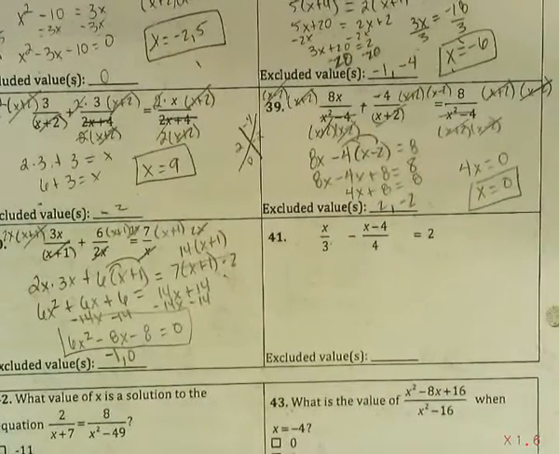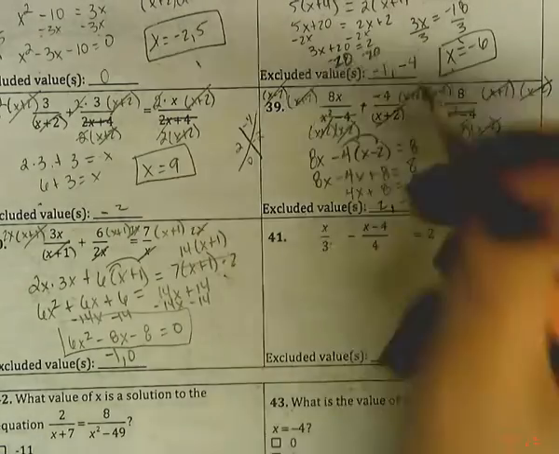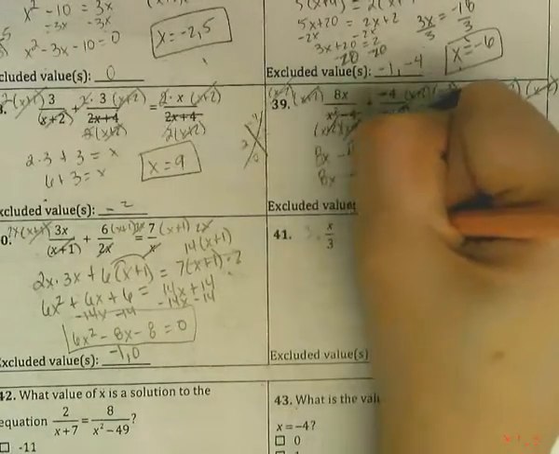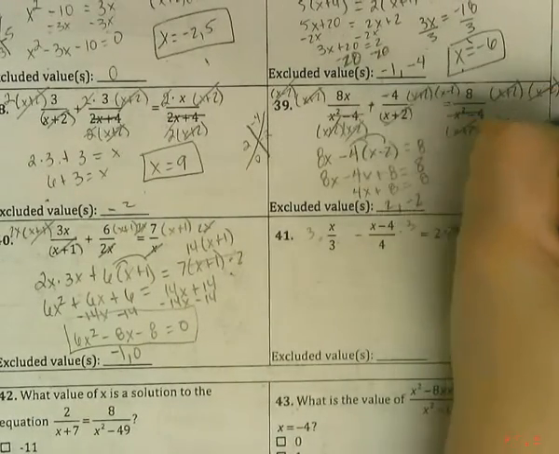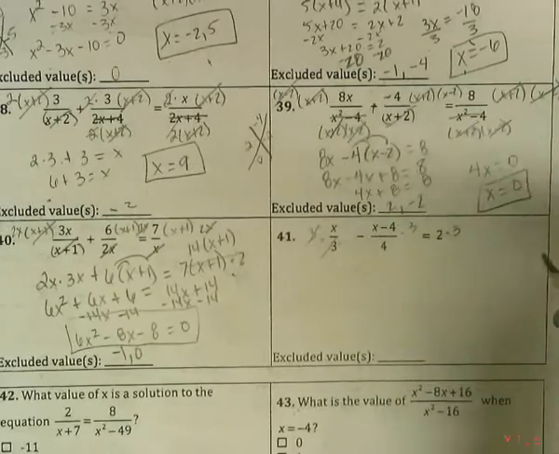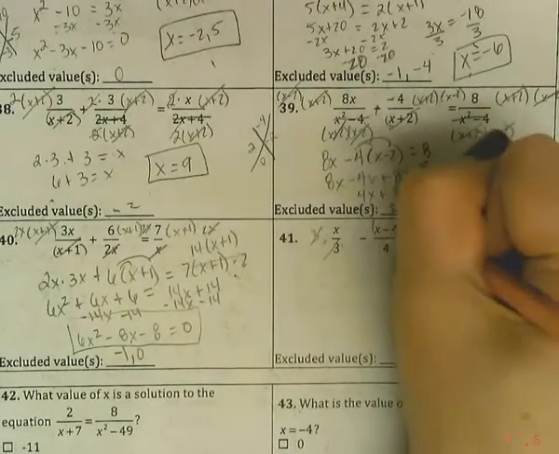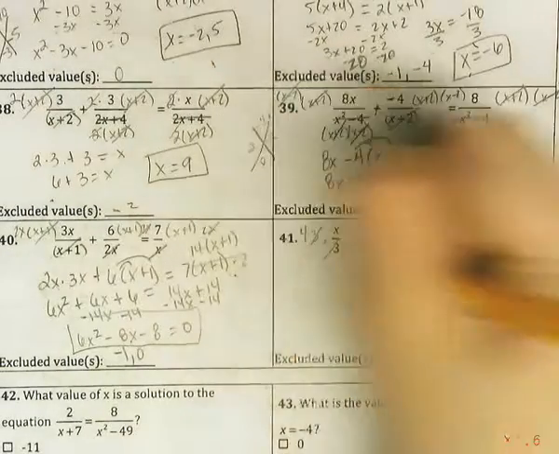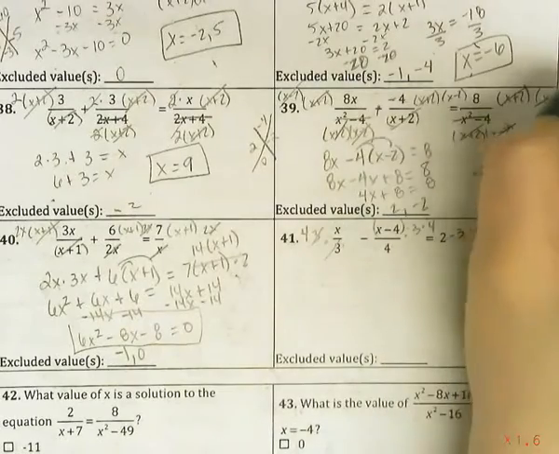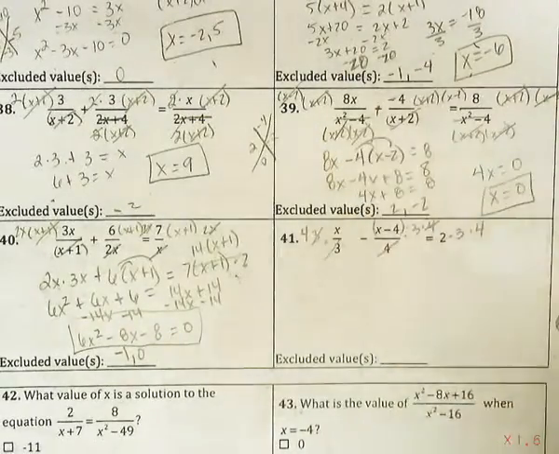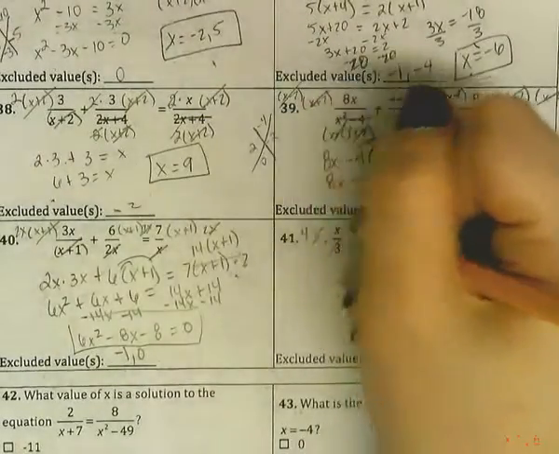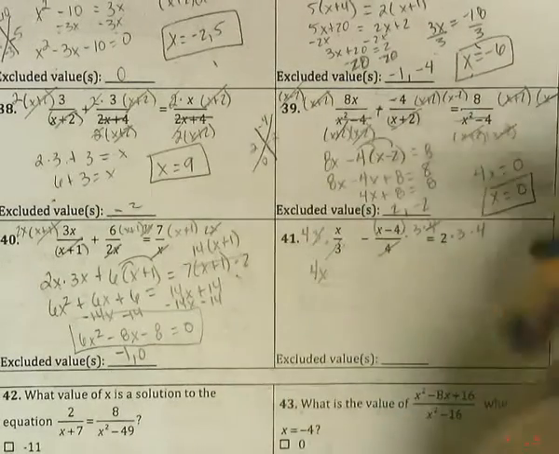Number 41, x over 3 minus x minus 4 over 4 equals 2. So let's multiply everything by 3. Okay, that goes away. Let's multiply everything by 4 to get rid of that 4 on the bottom. That goes away. So now I have 4 times x, 4x.